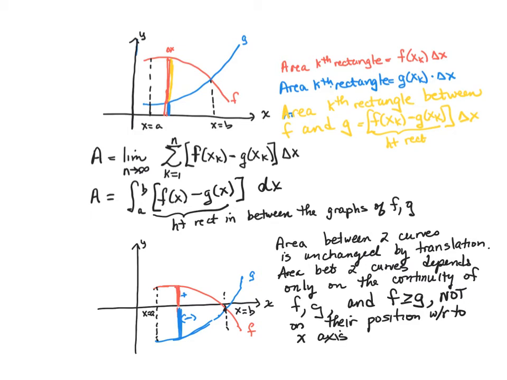The area between these two curves in the second diagram is still the same integral. And we have to remember that the height of the representative rectangle is always the top curve minus the bottom curve. Okay, so let's summarize that on the next page.